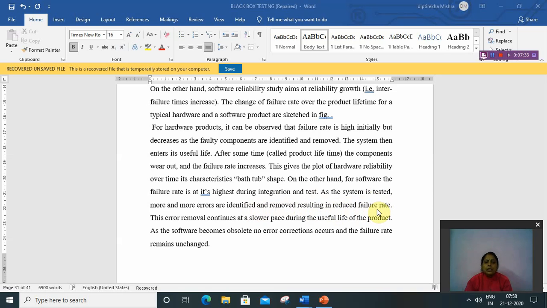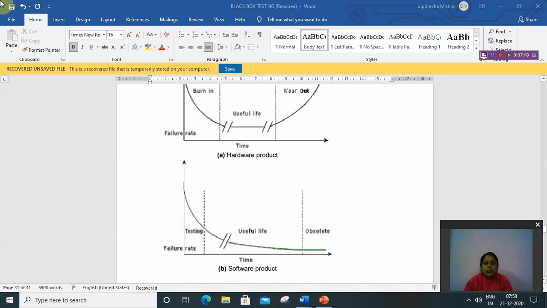This error removal continues at a slow pace during the useful life of the product. In the software graph, at the starting stage, when the software is in the testing and integration phase, the failure rate is high, and after removing errors from it, the failure rate slows down, and in the useful life also we are removing errors, so the failure rate keeps decreasing.